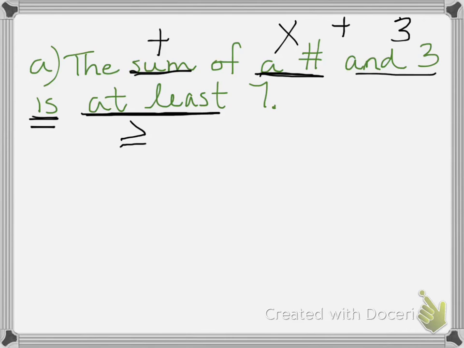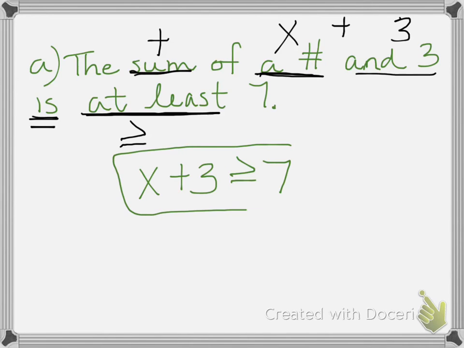We've got the sum of a number and 3. That is x plus 3 is at least, that's greater than or equal to 7, right? The sum of a number and 3 is at least 7. That means it can be 7 or it could be more than 7. And this is all they're looking for, is can you write these words into an inequality?